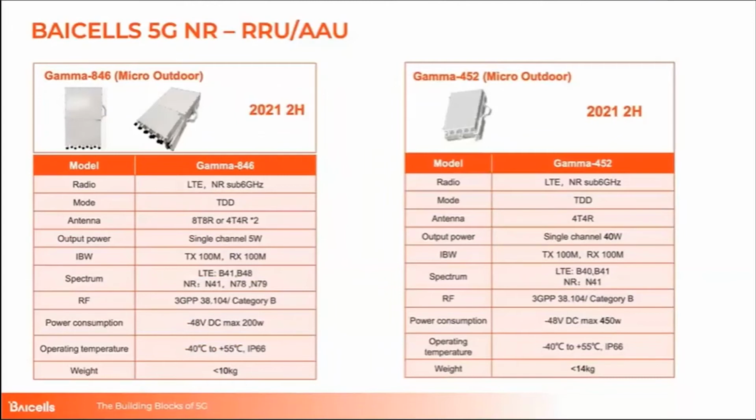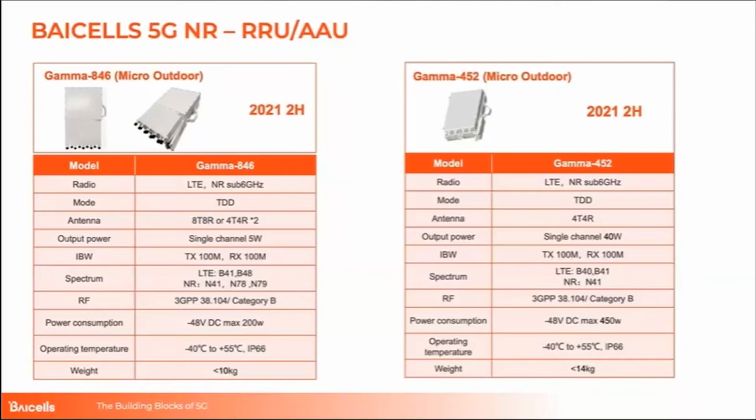For instance, the Gamma 846, this is a 4x4 radio, 8 ports, dual technology, LTE and 5G. Band 41 and the CBRS band in LTE and in 5G, N41 and N78. They connect to the BBU.